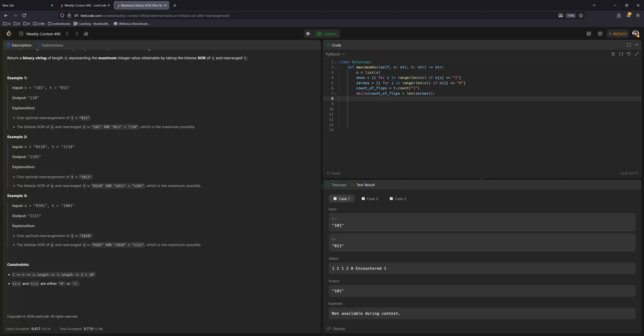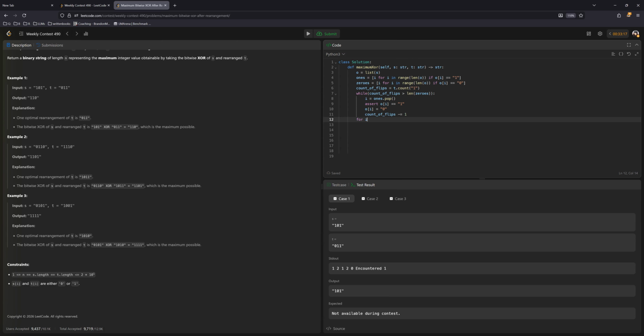So I equals ones dot pop and O, well, let's do assert O of I equals 1. O of I now equals 0 because we've been forced to flip it, and the number of flips decrements like that. Okay.